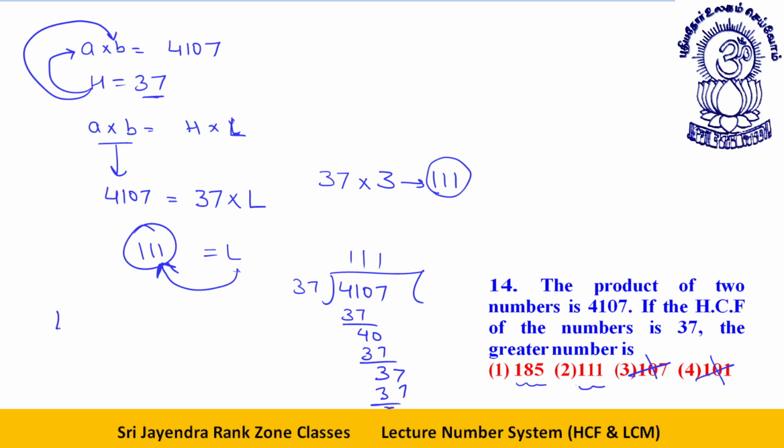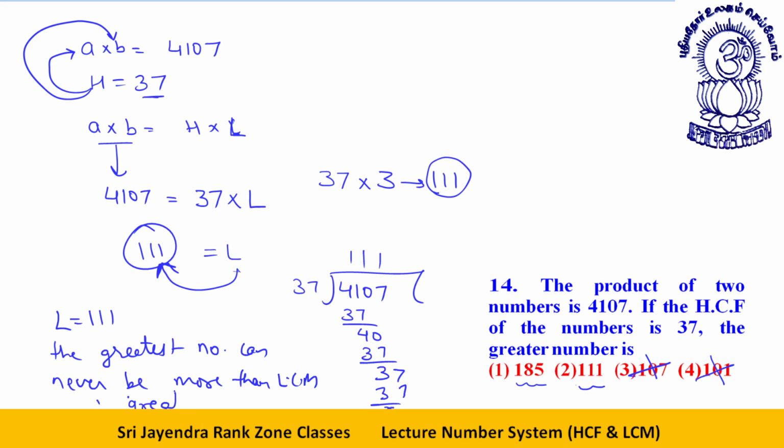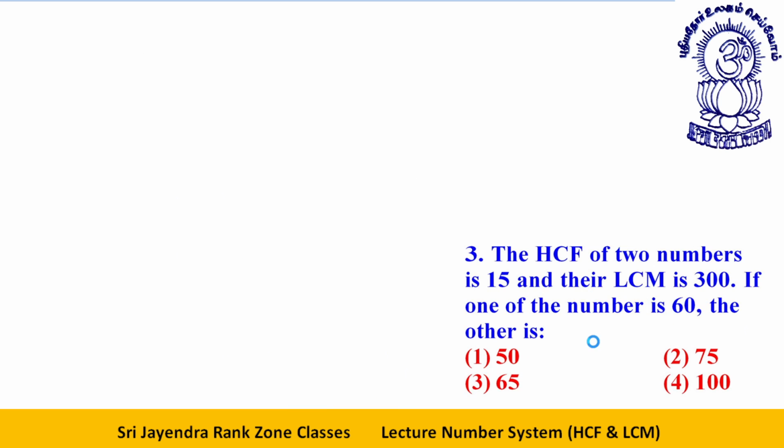So if L is 111, the greatest number can never be more than the LCM. Therefore, the greatest number is equal to 111. Okay, dear friends, you got it. Let's move to the next one.